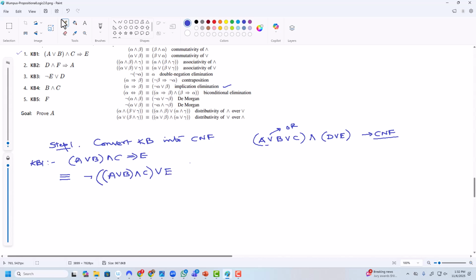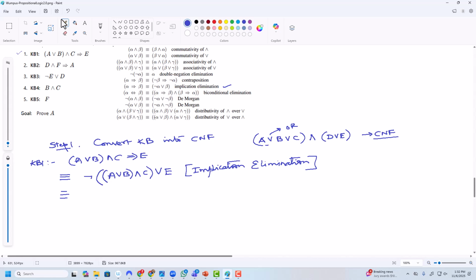So after applying implication elimination, okay, this one we applied. Then the next step will be opening that, including that negation inside. When we include that inside the parenthesis, this is not of alpha and beta.